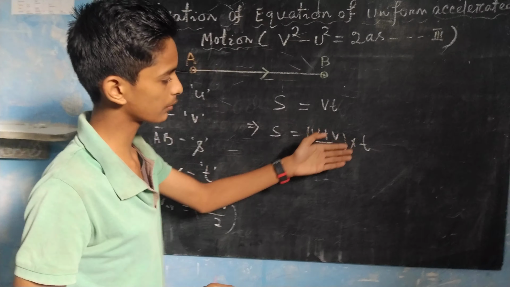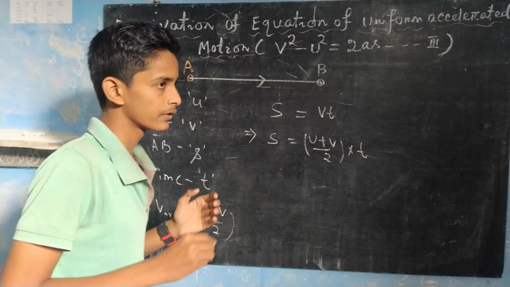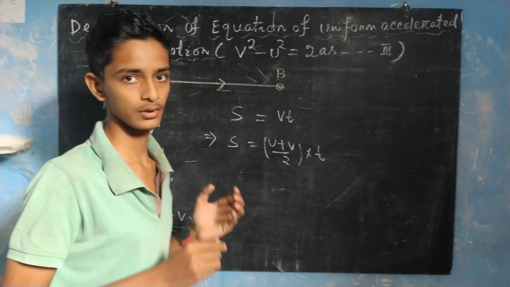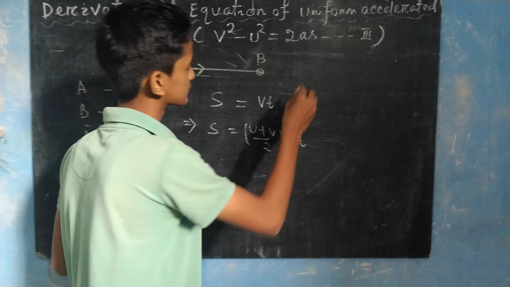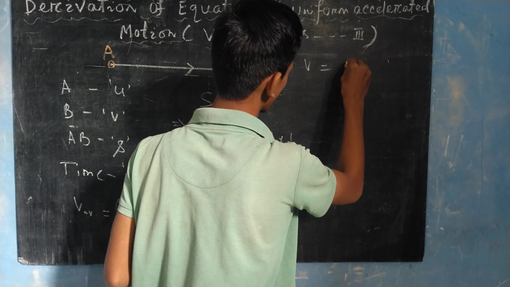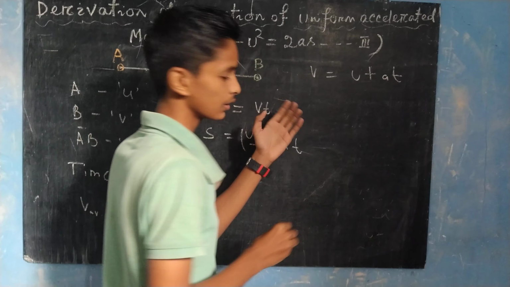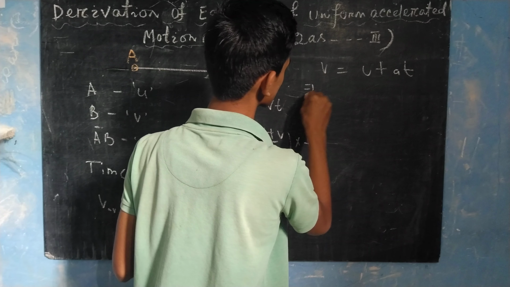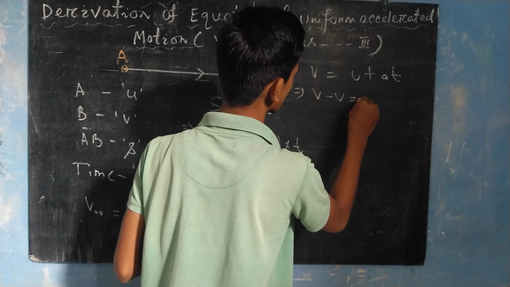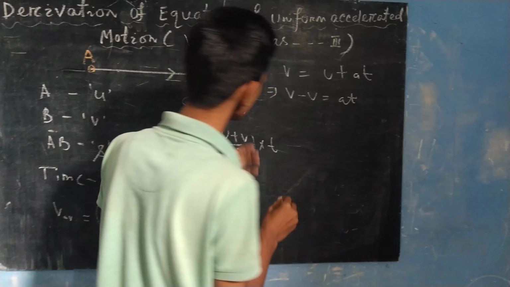Now let us put the value of t. Friends, we know from the first equation of motion, that is v is equal to u plus at. Here by transposition, v minus u is equal to at.